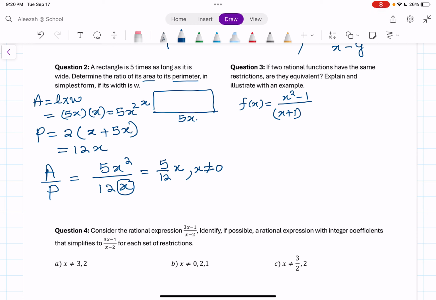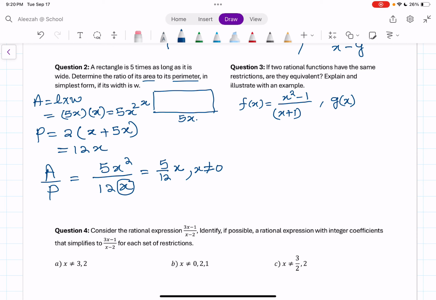This is one of the functions, and I'm writing another function g of x. These are two rational functions. It's saying they have the same restrictions, are they equivalent?